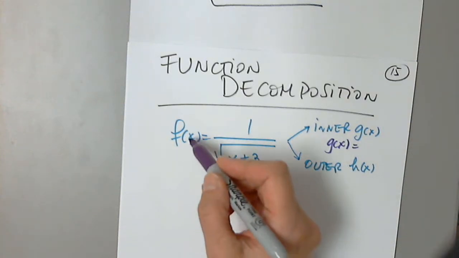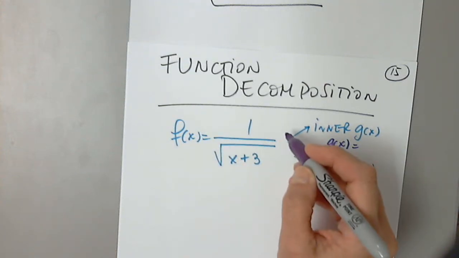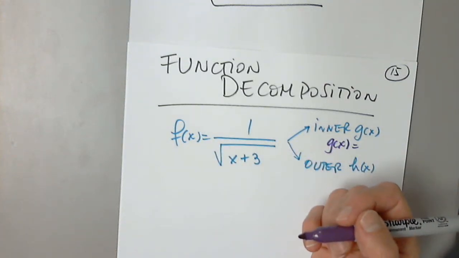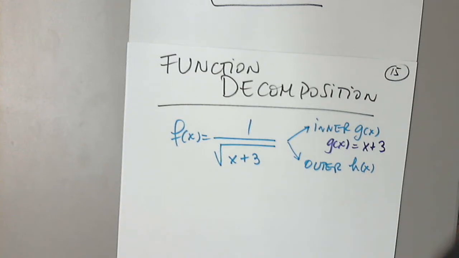So when I evaluate for 5, do I do the ratio first? Do I do the square root first? Or I do the... Exactly, the sum first, right? Don't I have to add first before I get to the square root? Don't I have to write 5 plus 3 first before I apply the square root to it?